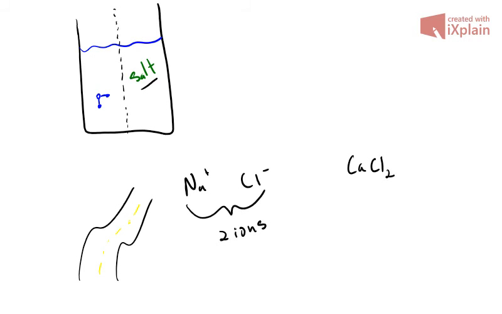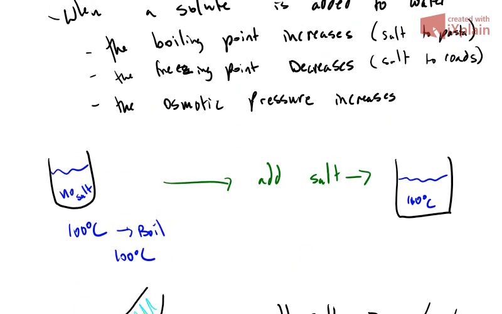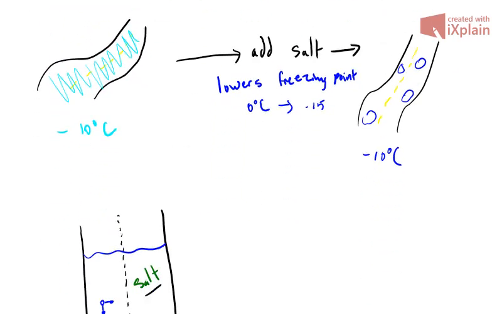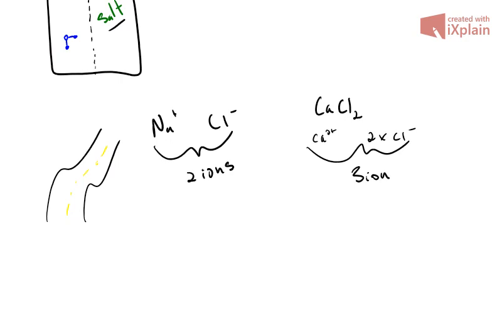Calcium chloride will break up into Ca2 plus and 2 Cl minuses. That is a total of 3 ions, and the more ions you add to your water when you're boiling, or to the road when you're trying to lower the freezing point, the more effect these ions have on these colligative properties.